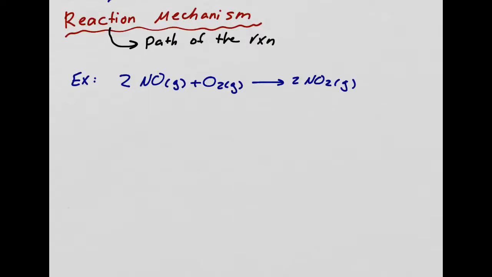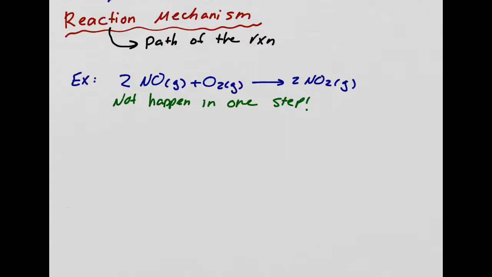That's not very likely, that all of these molecules are going to come together at the right orientation with enough energy for this reaction to happen in one step. I'm actually going to write it down. It will not happen in one step. Okay, I'm actually going to tell you the reaction mechanism for this reaction.